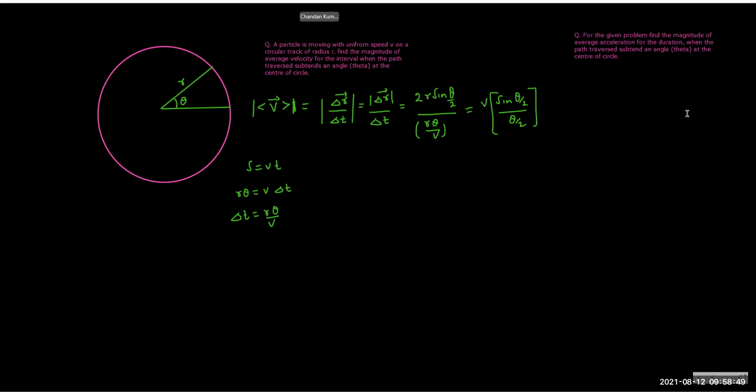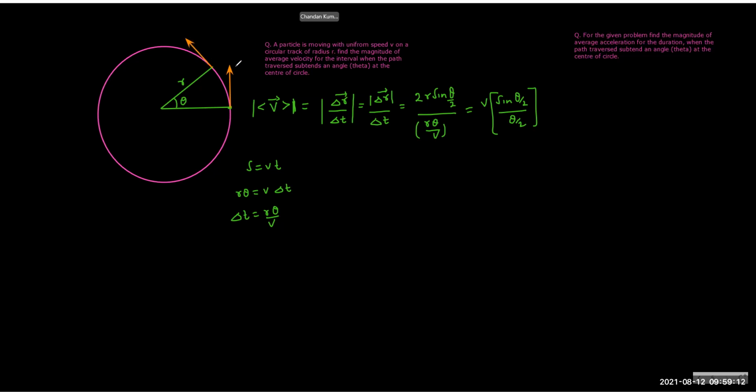Now this is something interesting. When you are here at this location, what is your velocity vector? It is something like this, tangential, right? But when you reach here, your velocity vector will turn like this.